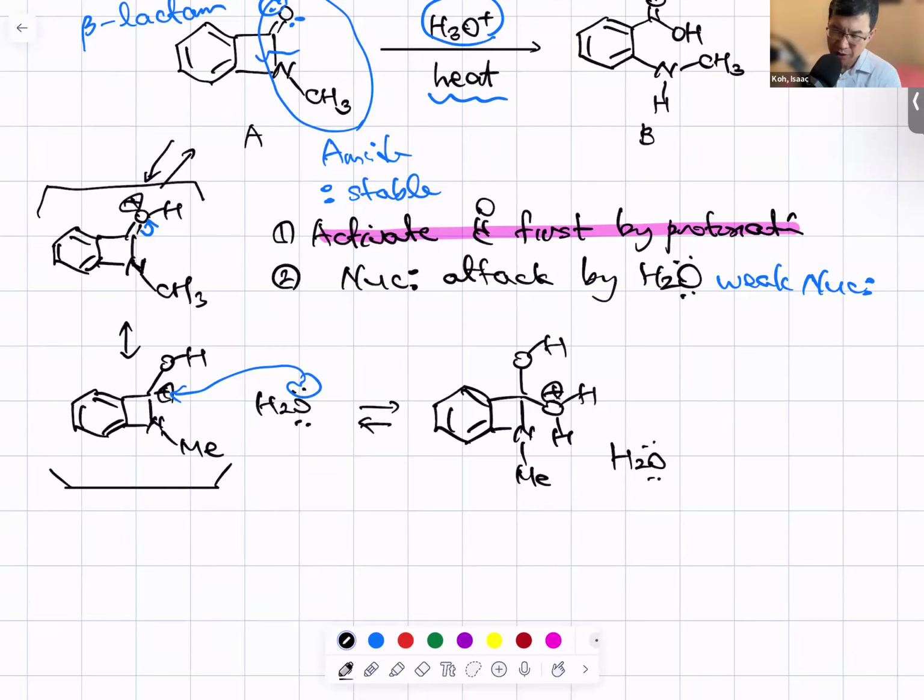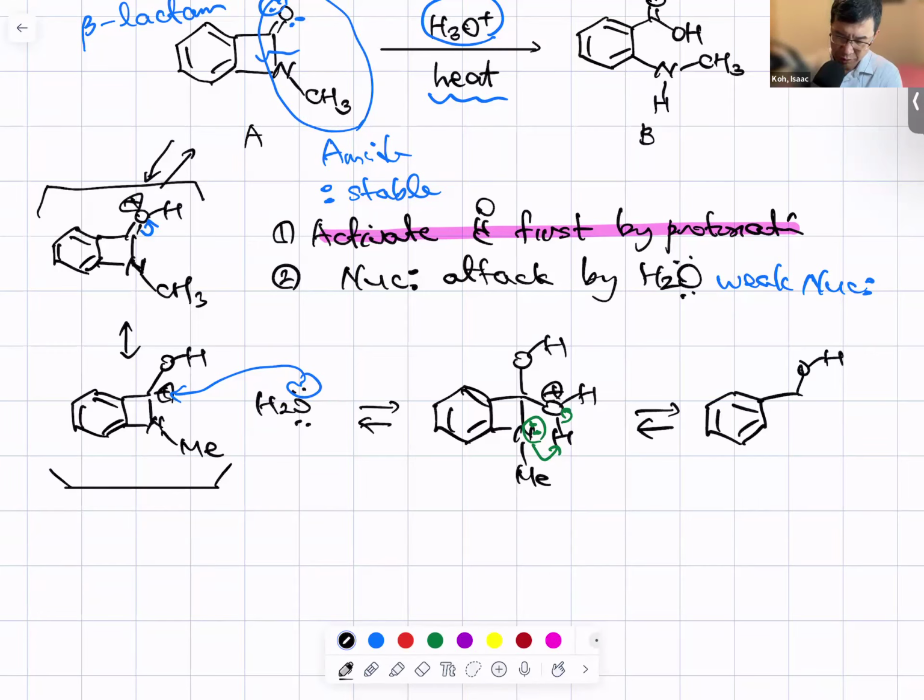We can use water as a base, or here in the molecule nitrogen is a better base, so we can use the lone pair of nitrogen to take this proton away, and we can protonate.